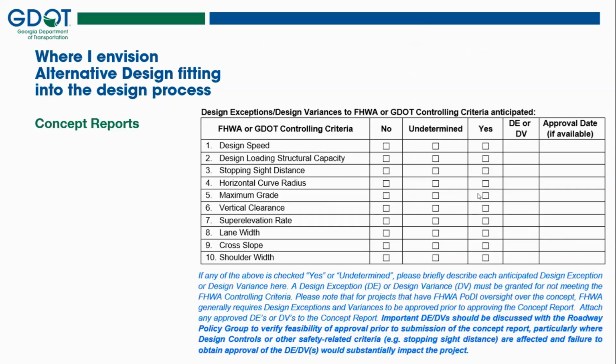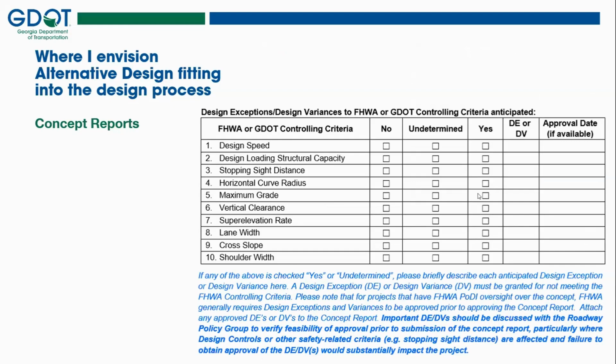This is also from our concept report template. We're just looking at our FHWA controlling criteria and determining, early in the concept stage, do we anticipate this to require a design exception or design variance? Again, like I said, we want to get the ball rolling on those exceptions and variances as early in the process as possible.